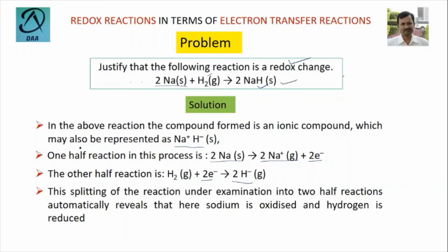So what does this splitting of the reaction show? These half reactions reveal that the sodium is oxidized because sodium is donating electrons, and hydrogen is accepting electrons, so it is getting reduced.